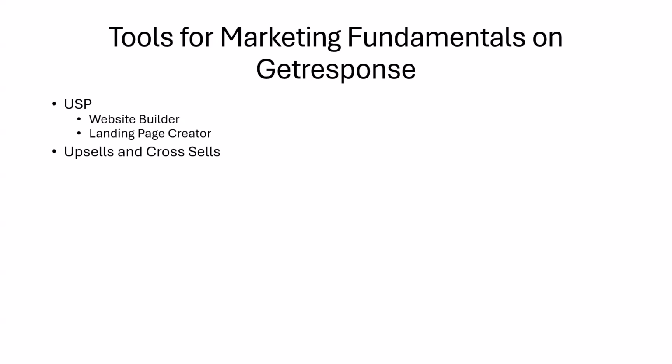There are some good tools inside of GetResponse for upsells and cross sells. Let's say that you do automations. We'll take a brief look at automations in this session, but you can follow up on just about any activity if you're willing to set it up. So if a customer clicks on an email, or does any kind of action inside of your GetResponse account, you can follow up with a special message.